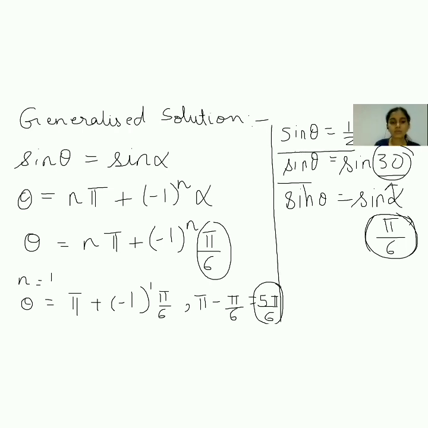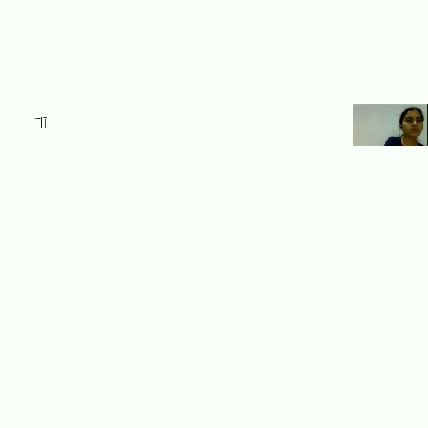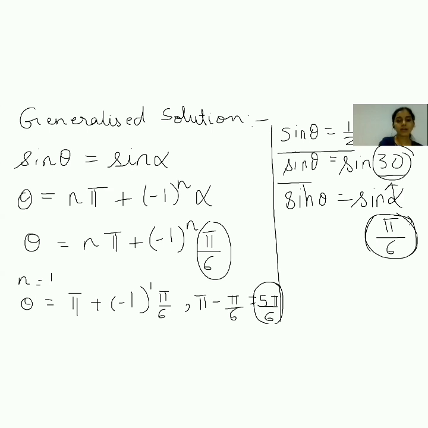If I put n equal to 2, I will get another value. So let's say we have pi by 6, we have 5 pi by 6. Now if n is 2, then what is theta equal to? It is n pi plus minus 1 raised to n. So 2 pi plus minus 1 raised to 2 is positive.